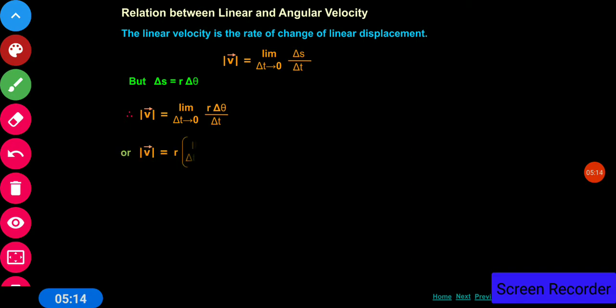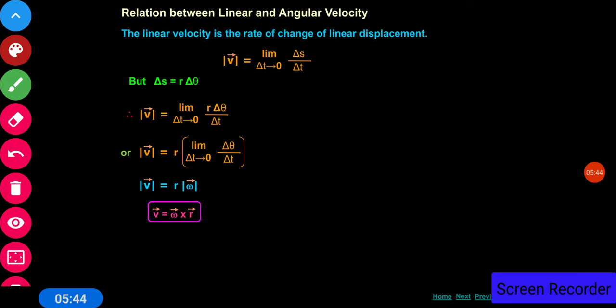Since r is a constant term, we can take it out: v is equal to r times limit del t tends to 0 of del theta upon del t. Now this is omega, so in place of this we can write omega. So v is equal to r omega, the relation between the linear and the angular velocity. Linear velocity is equal to r times the angular velocity.